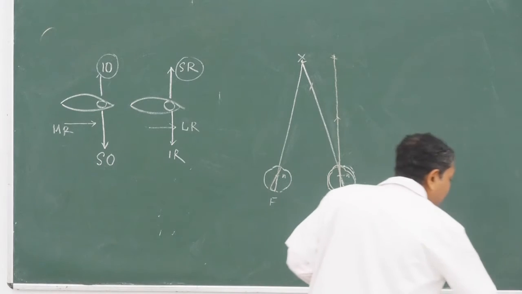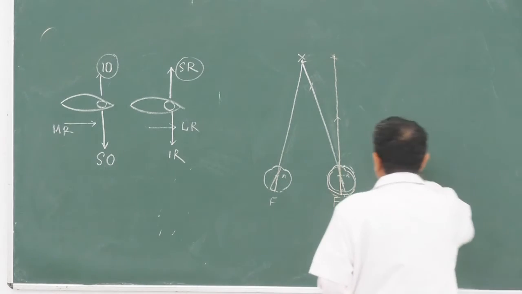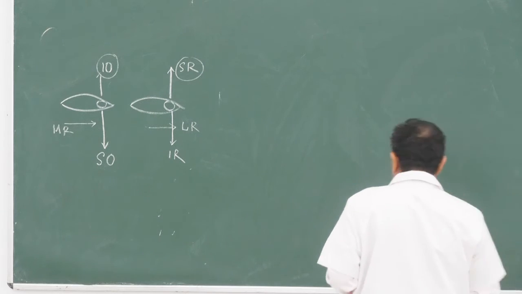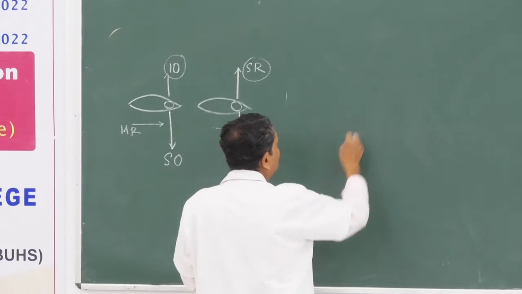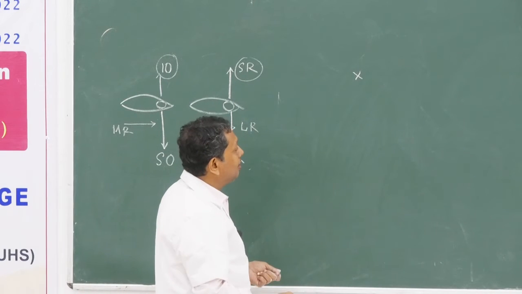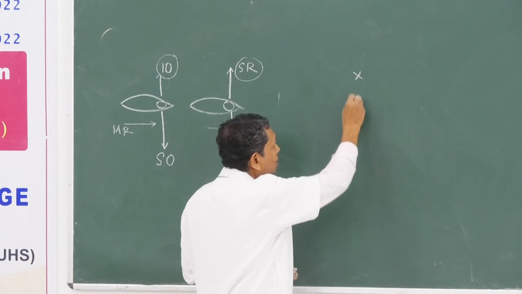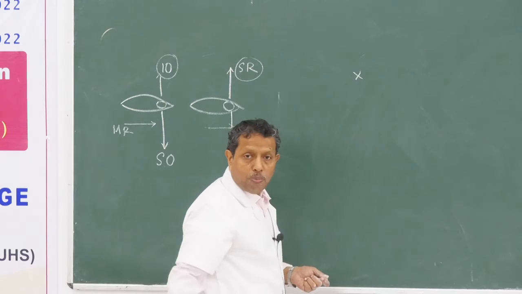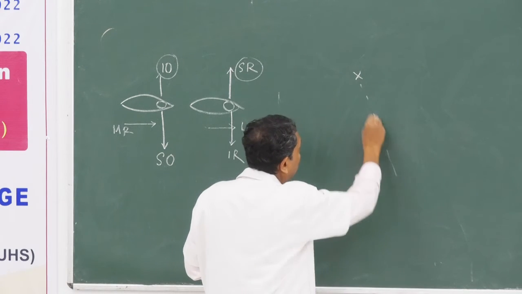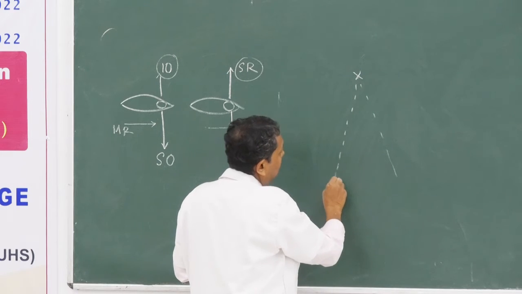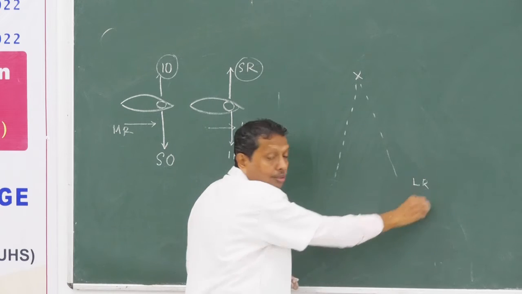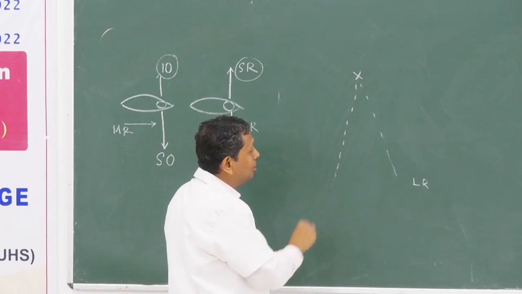A simple figure can explain this. Suppose an individual is looking at this, and initially there is no diplopia. Suppose this is the diseased side with lateral rectus paralysis or weakness.